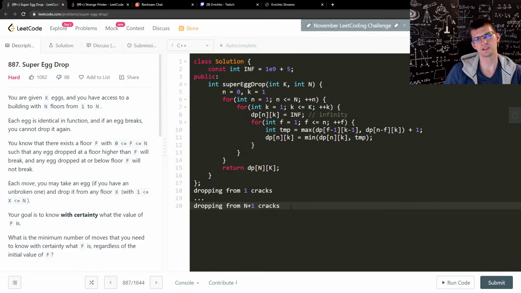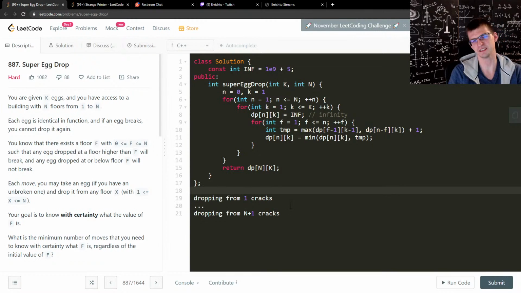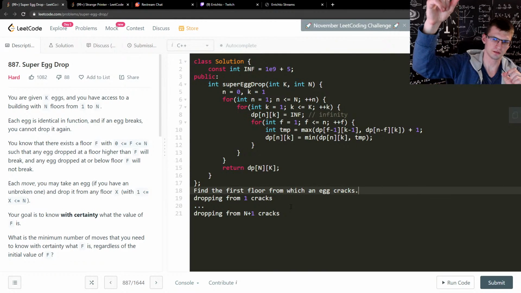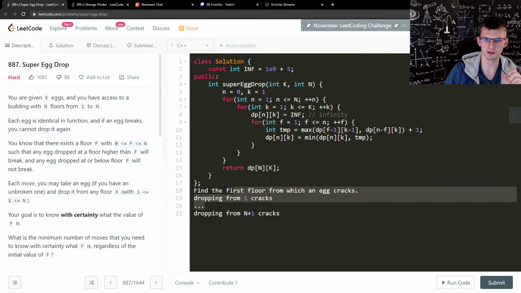When we say that initially we have those n floors to investigate, what I'm finding exactly is the first floor from which an egg cracks. And possibly it is n plus 1. You need to keep that in mind when going to those shorter intervals.